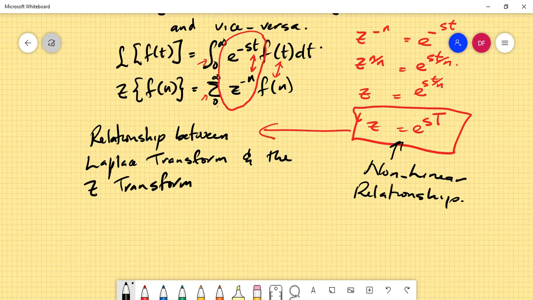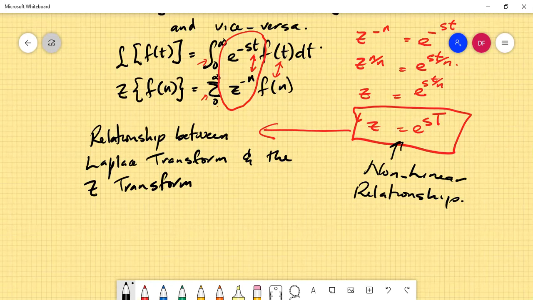To engineers, nonlinear is a bad word, the first bad word. We don't deal with nonlinear; everything we deal with is linear. When you're in maths class and they consider nonlinear differential equations, you realize how many problems they give.